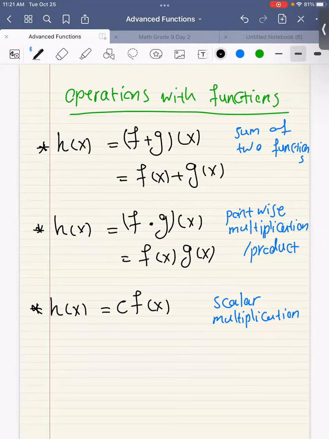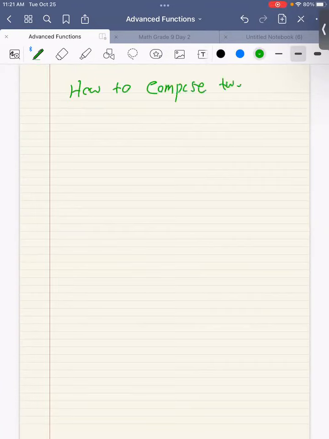But one of the most important ones is composition. So how to compose two functions?